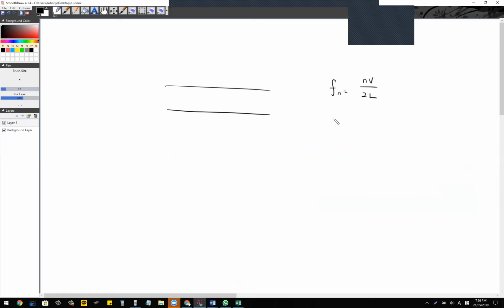So if I write this one as V over lambda, what you get is 1 on lambda is equal to n over 2L. So lambda equals 2L over n. Okay.